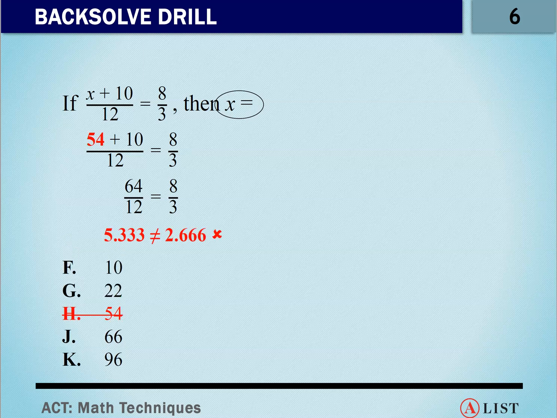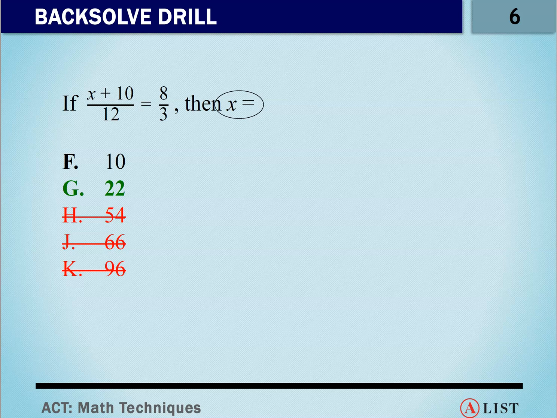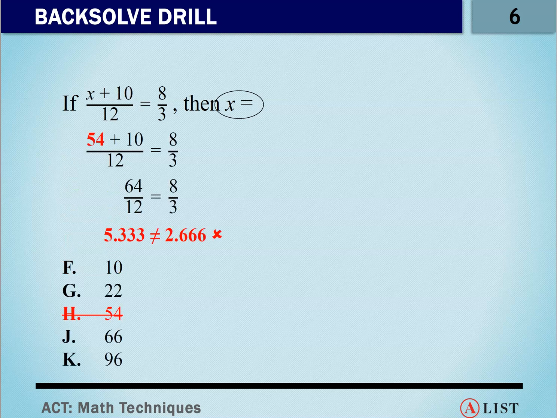So convert them to a decimal, and it's easy to see that that definitely did not work. So we're going to cross out 66 and 96 because if 54 made the left-hand side 5 and the right-hand side is 2.6 repeating, we know that 54 is too large.